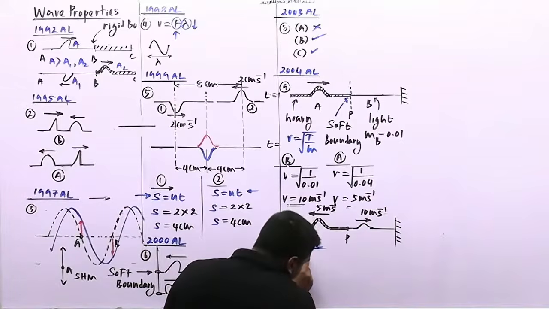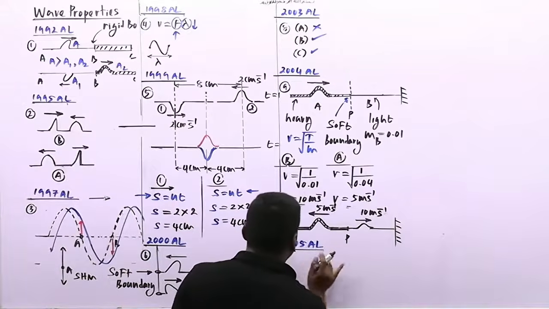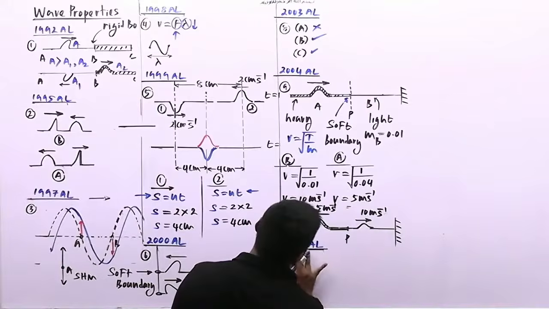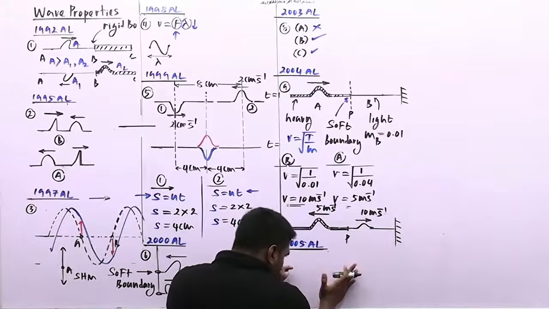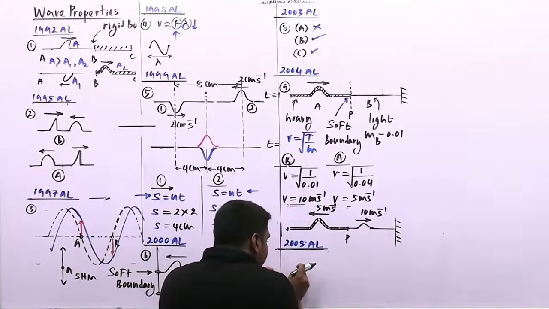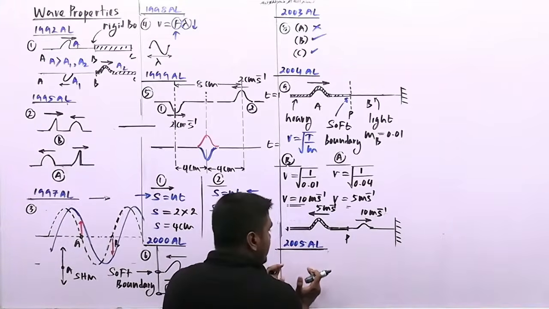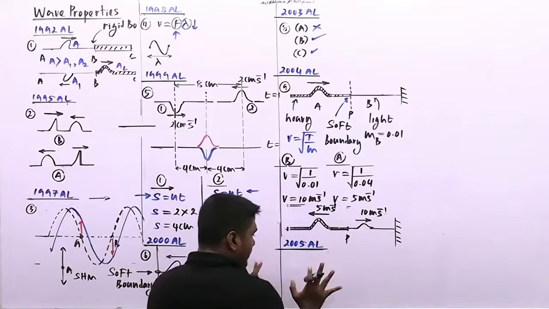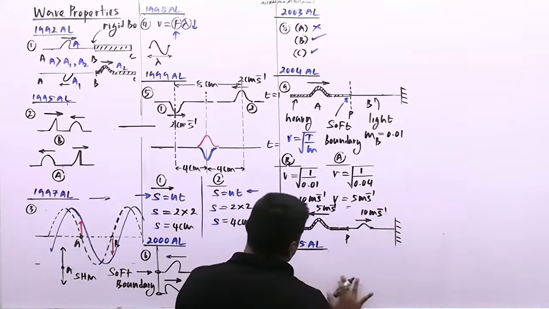There are two identical wave pulses propagating towards each other with the same phase. There are two non-inverted pulses propagating towards each other at the same speed. Just think both the pulses are identical, having the same amplitude, moving towards each other at the same velocity. Think like that, then it's easy. Question number 10, I think.